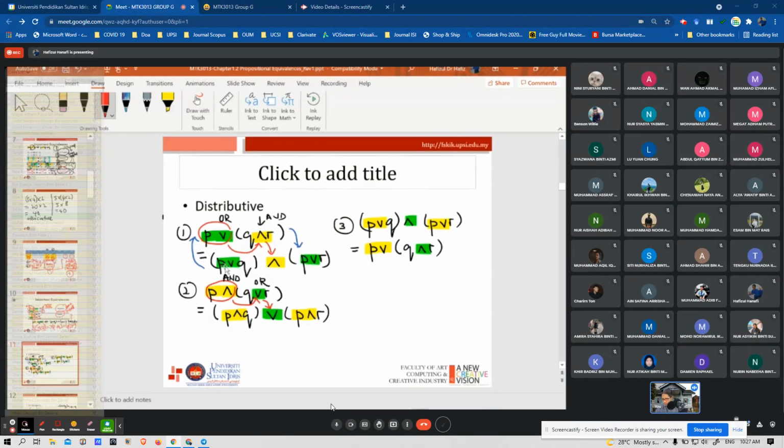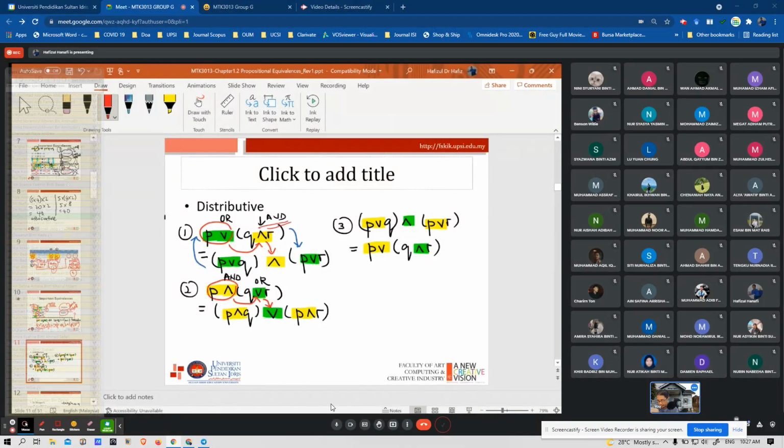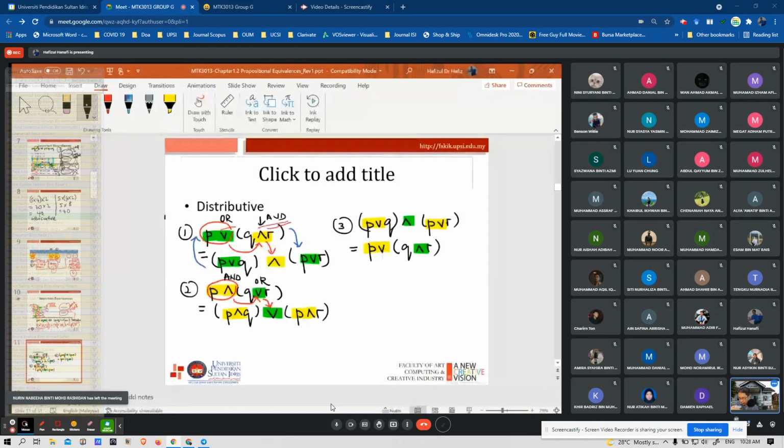Same goes here, we have or and, P and Q and R. When we have the distributive, we have P or Q and we put it here, and then number two, P and Q or R, and then we put it here.